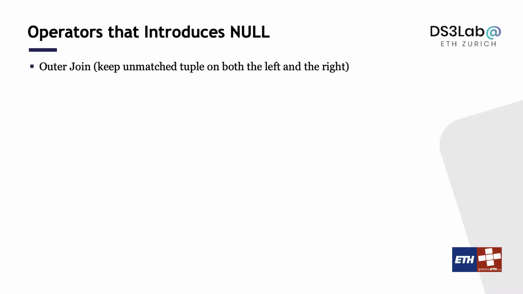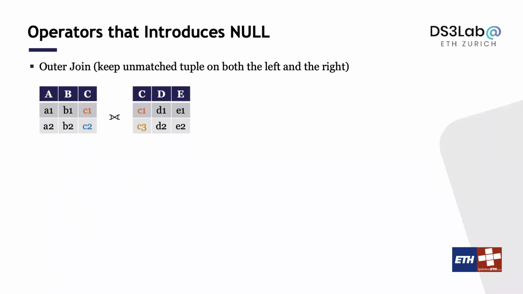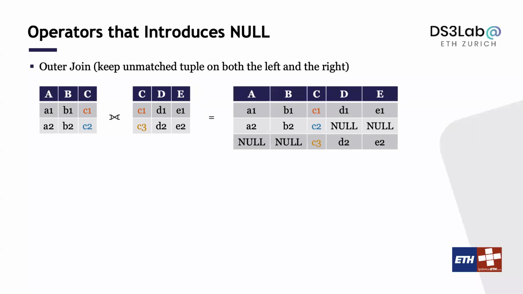And then there is the full outer join, which pretty much keeps the tuples from both sides. And then you fill the other unmatched positions with null. In this case, I will have two tuples, one matching the left-hand side and another matching the right-hand side. Whenever I cannot find the matching tuple, I just fill it with null.